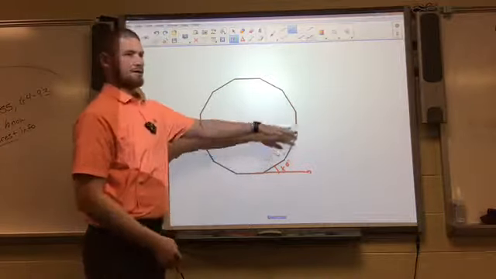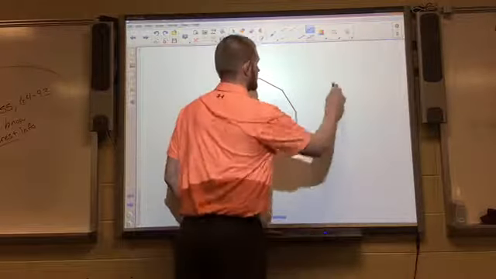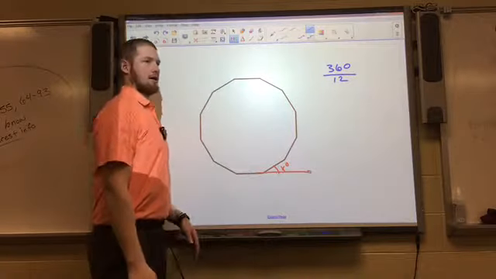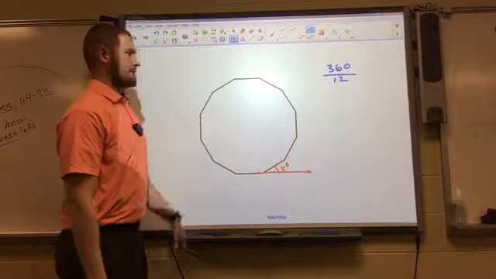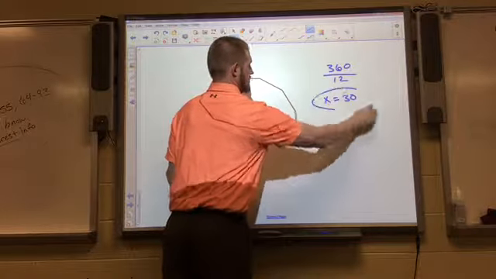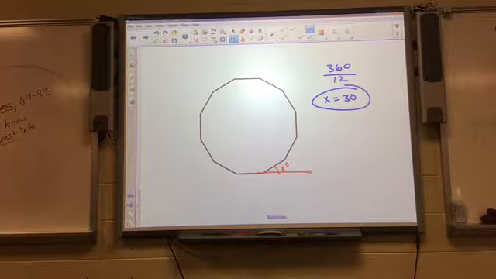Yeah, because all of the exterior angles added together must equal 360. And there's 12 of them, so each one has to be equal. So I divide by 12, x equals 30. Again, correct me if I'm wrong, but I feel like exterior is a lot easier.